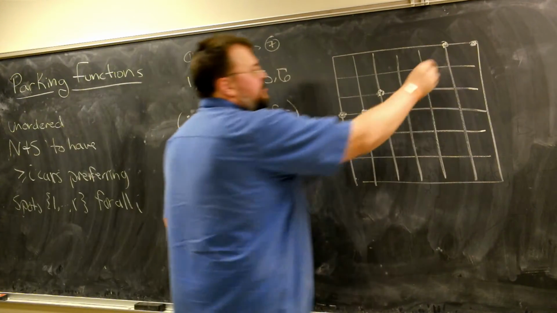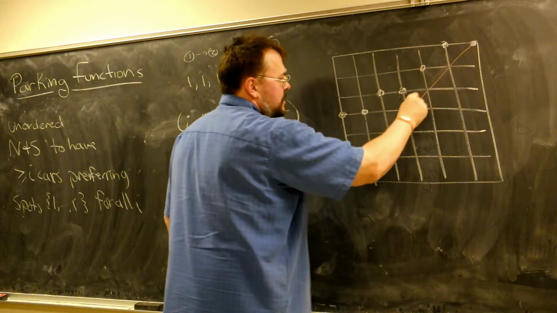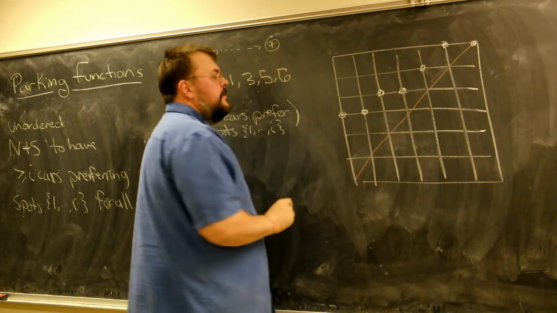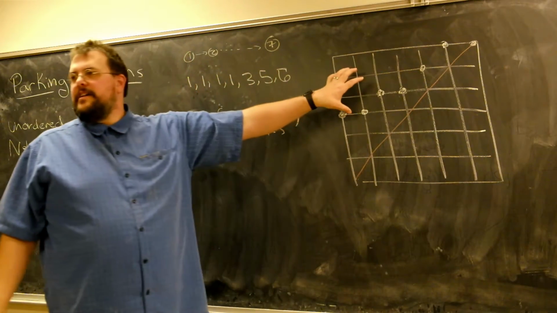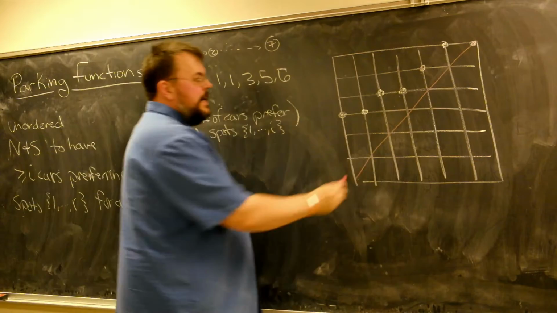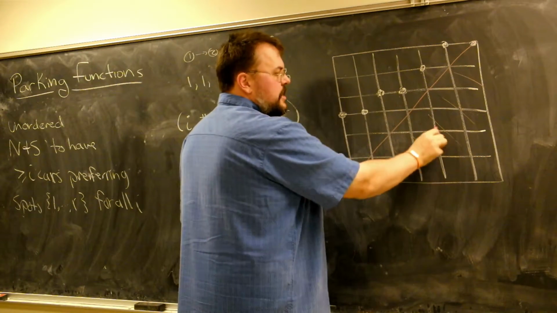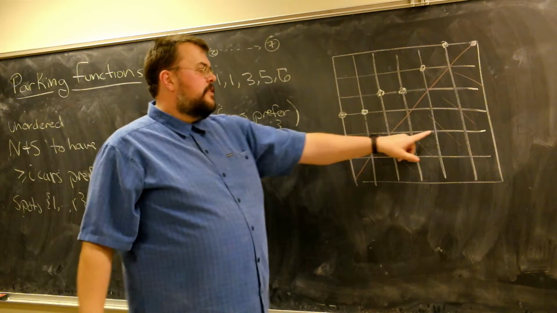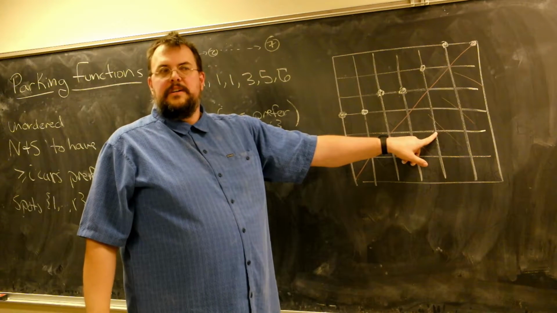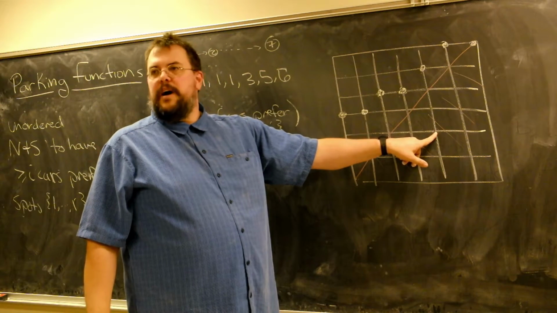Here's the beautiful observation. If I'm going to be a valid unordered parking function, I cannot get a point down here. If I'm at a point down here, then I don't have enough cars to fill in those first I spots.